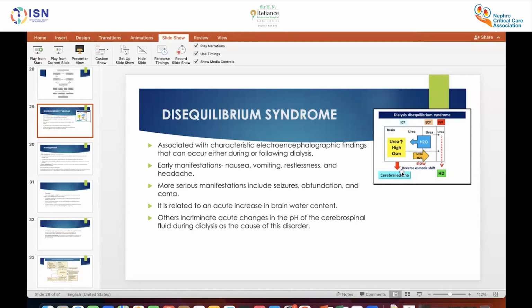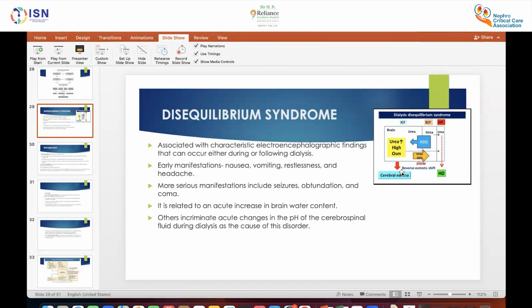It cannot be in one day. You cannot go for 4 hours of dialysis. That applies to a fast initiation of dialysis. I'm not talking about acute kidney injury or metabolic acidosis, where it happens quickly within a few hours or days, and rapid urea removal will not affect much.